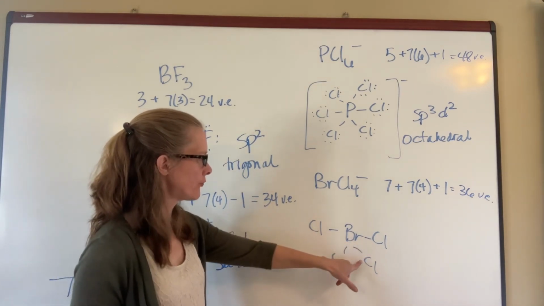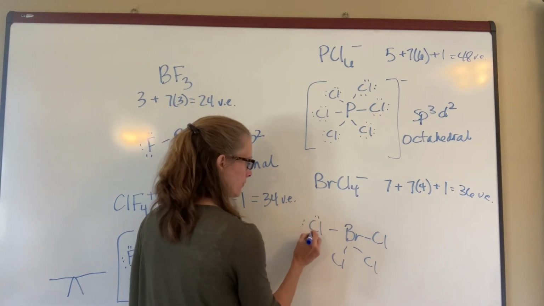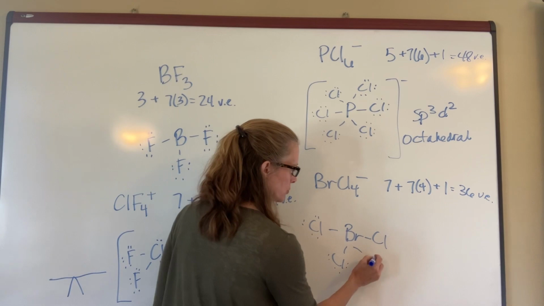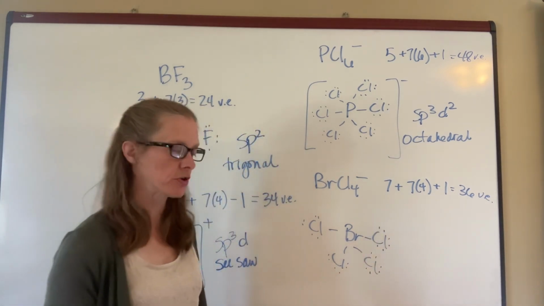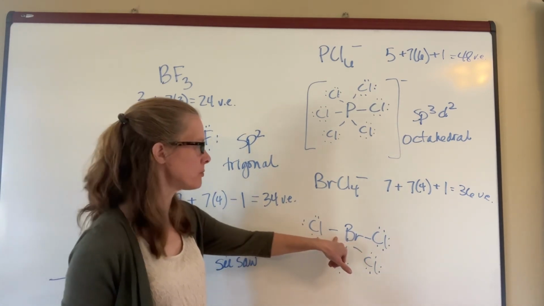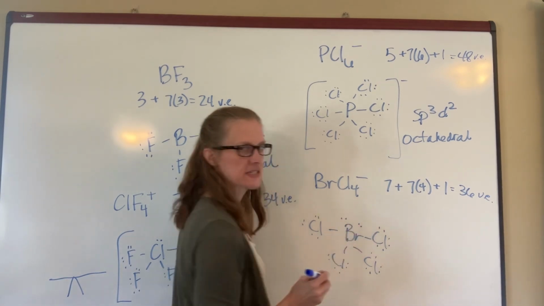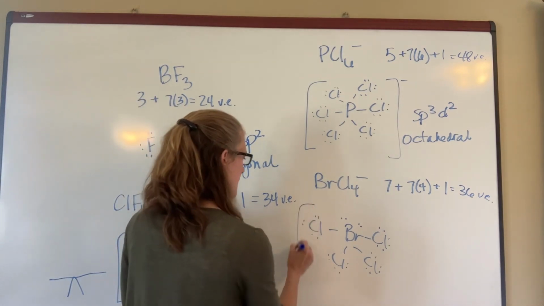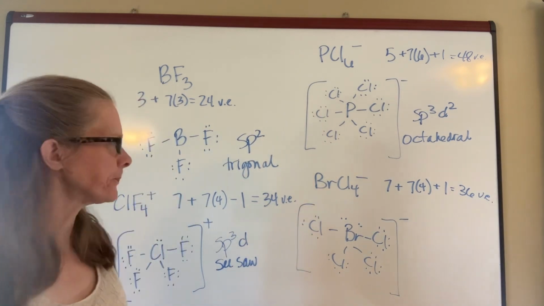So far I've got 2, 4, 6, 8 electrons, 10, 12, 14, 16, 18, 20, 22, 24, 26, 28, 30, 32. So I'm up to 32. And so the rest of the lone pairs are going to have to go on the bromine. 34, 36. So I've got 2 extra lone pairs there. Again, put brackets around that, put a negative sign up there.